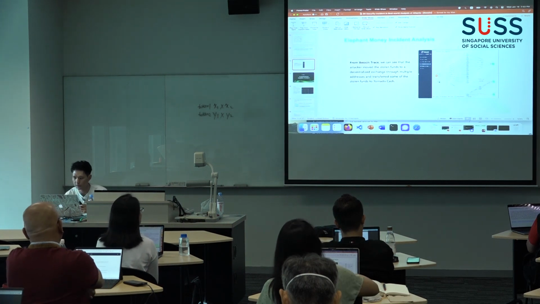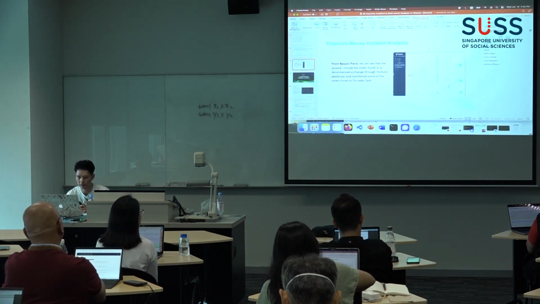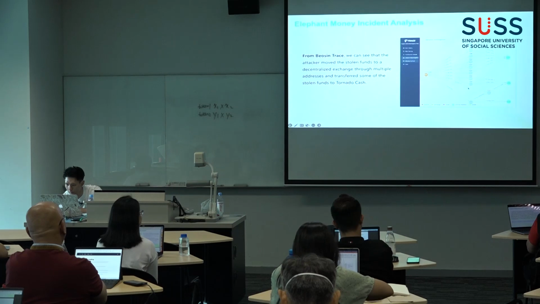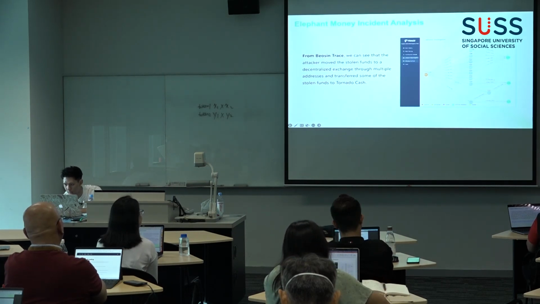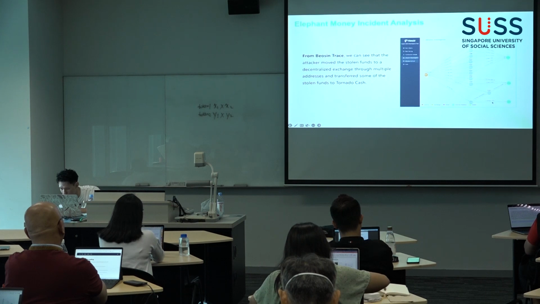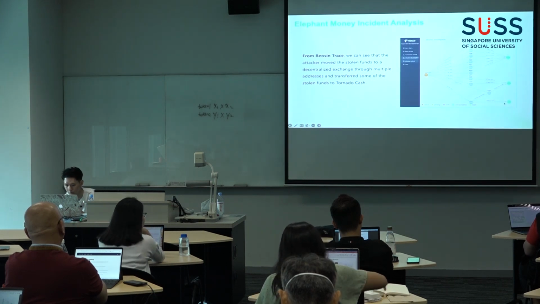This is a report example from the advanced investigation. Yeah, so we can see that some of those assets flow into decentralized exchanges, and some of the assets, including 1,500 BNBs, will flow into Tornado Cash.